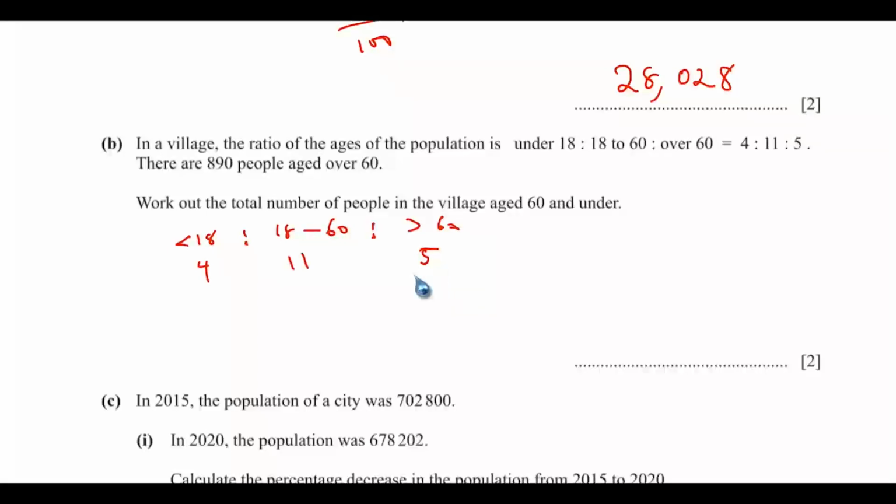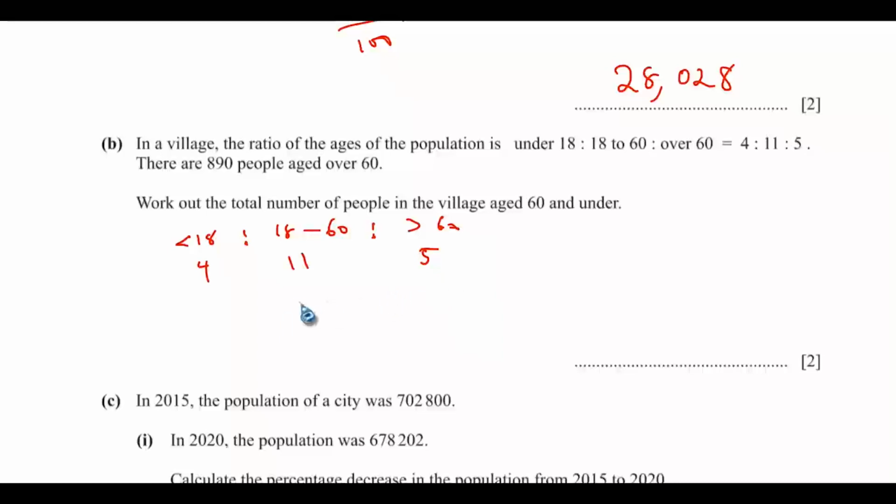The total population is unknown, so we can denote that by x. But we are told that there are 890 people who are aged over 60, so we can do something from here.